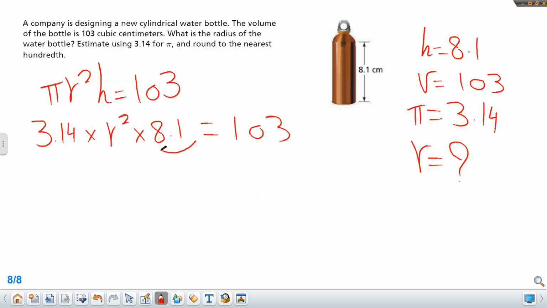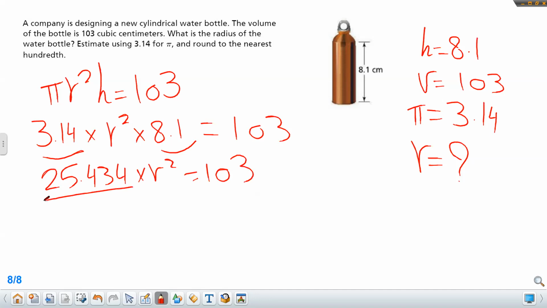Then first you can multiply 3.14 times 8.1. It will be 25.434 times radius squared equals 103. Then you can divide by this number.